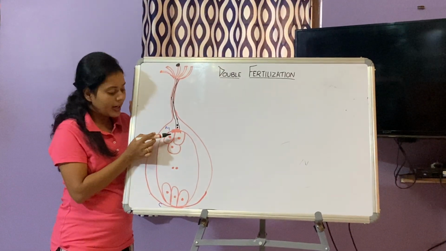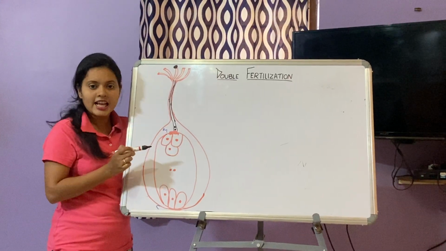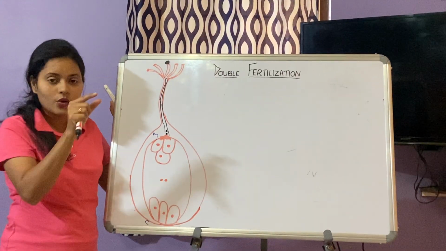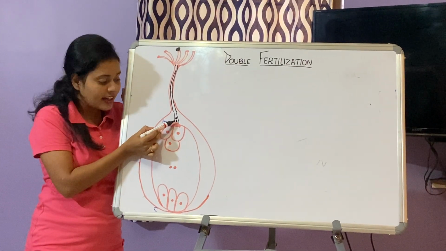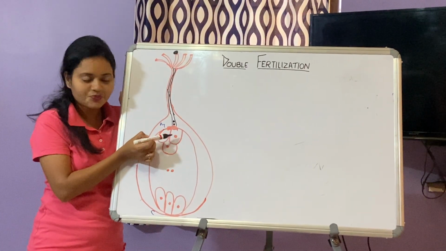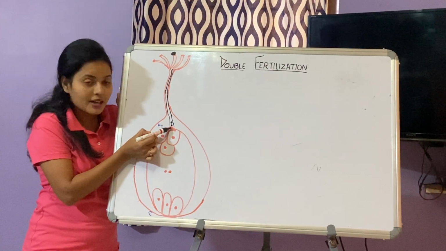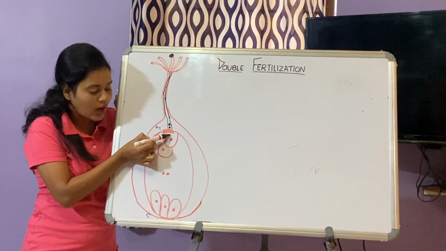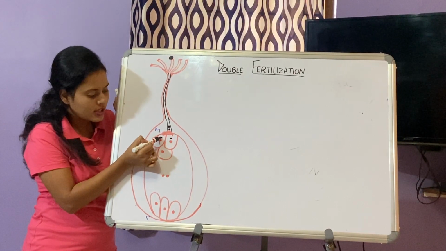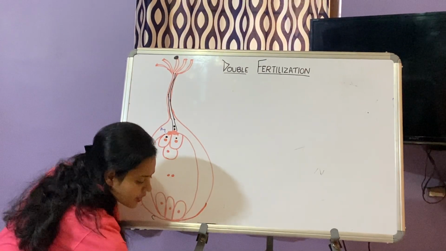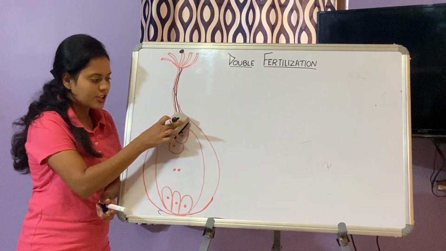Now you remember I told you that on top of the synergid cell there is a thickening called the filiform apparatus. It will guide these nuclei to come inside. So these 2 nuclei reach the synergid cell.